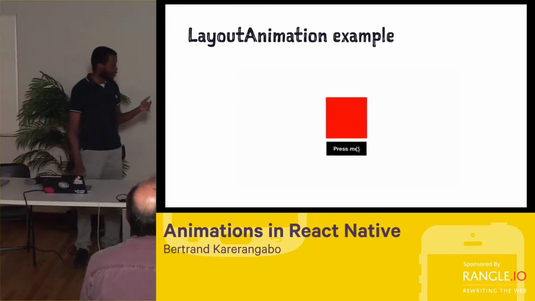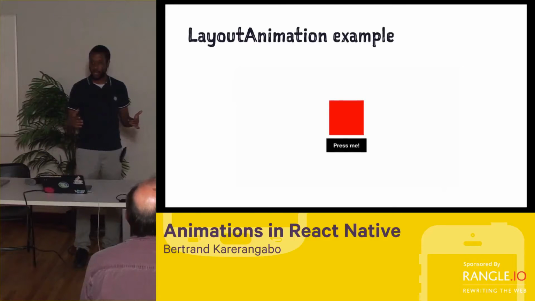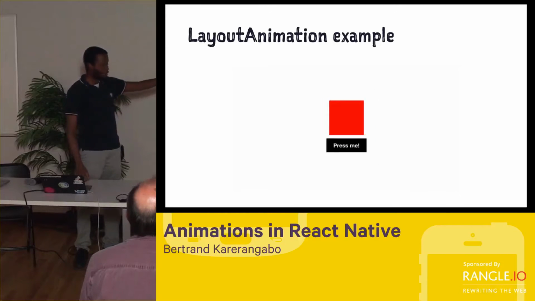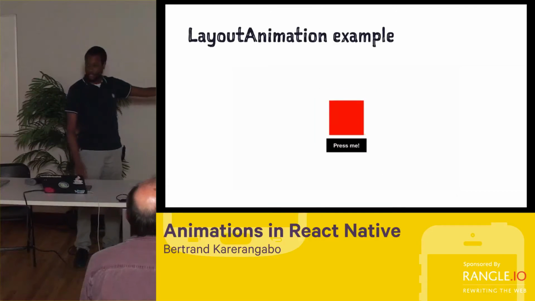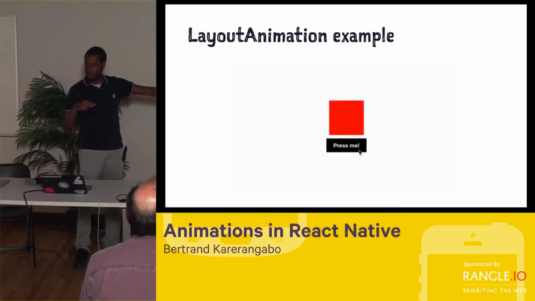I like this animation. Some of you who have looked at the React Native documentation may have seen it. I just want to point out a few things here. There's a box and a button underneath. As the button is pressed, 2 things are happening. The box dimensions are changing, and the button's position relative to the box is also animating in response.